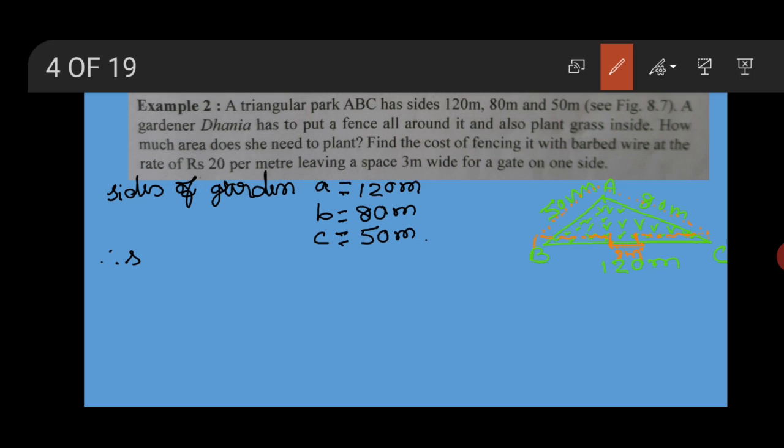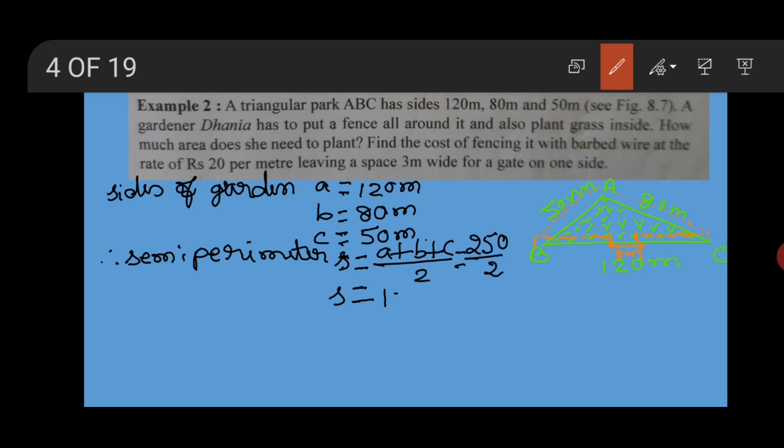How can you find the semi-perimeter? Semi-perimeter s is equal to a plus b plus c divided by 2. Adding them, a is 120 plus b is 80 plus 50, it is equal to 250 divided by 2, which is equal to 125 meter. Therefore, the semi-perimeter is equal to 125 meter.